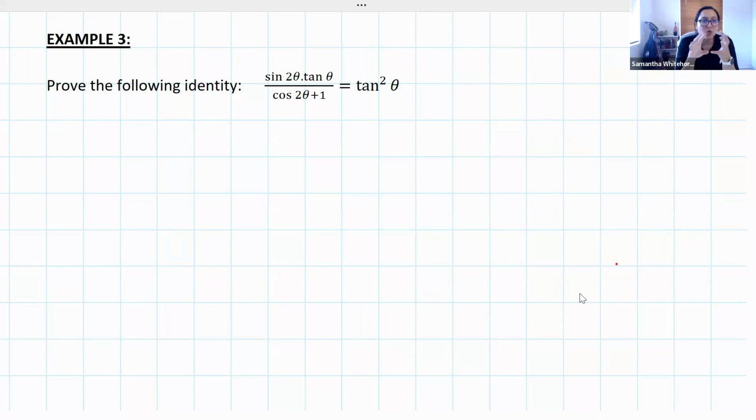The second thing, in determining which side you want to pick, is you pick the side that's more complicated. So you pick the side where you can see that there's a tan, where you see that there's maybe a reduction going on, where you see that there's a double angle going on. You pick the side where there is more room to do the manipulation, because again, trig is manipulation. Now, in this case, you've got tan on both sides.